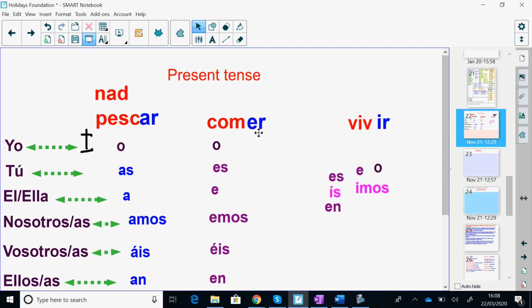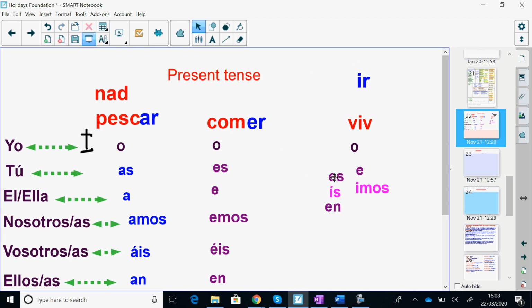Then we go to vivir. We know vivir. We've been doing the topic of where I live. We do exactly the same thing. You take off the IR, and now try to guess what the endings would be. For I, surprise, surprise, vivo. Everybody knows that. I live. What about for you? You notice that IR and ER verbs share some of these.